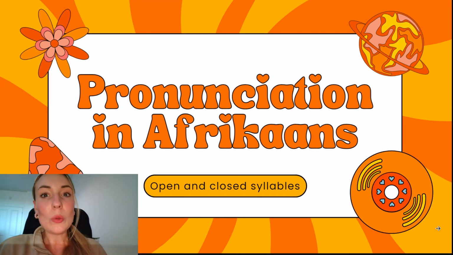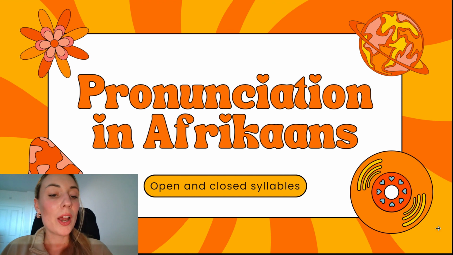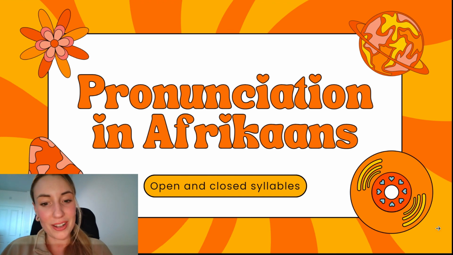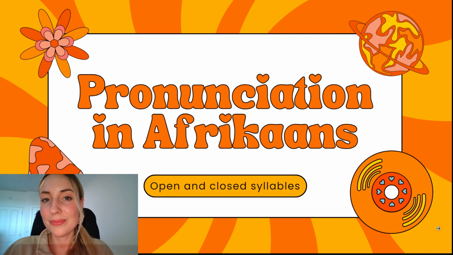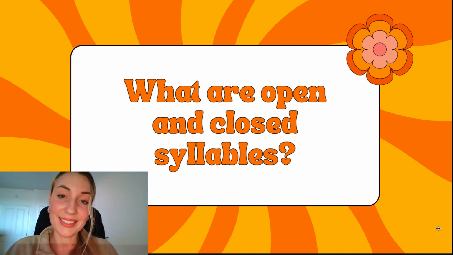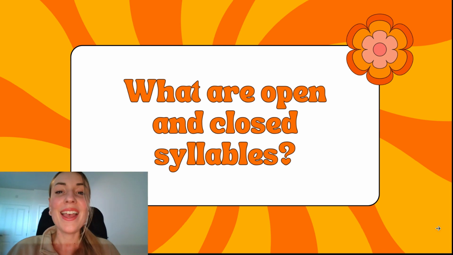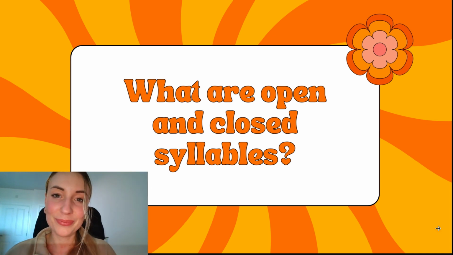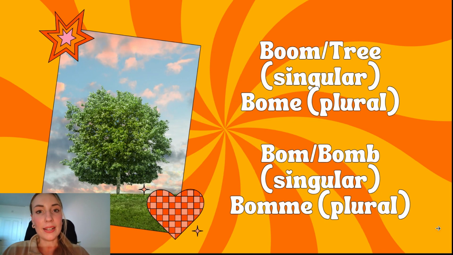So getting into today's video, pronunciation in Afrikaans, open and closed syllables. If you're asking, what are open and closed syllables? Don't worry, that's exactly what we'll be covering in this video. The easiest way for me to explain this is to go through a quick example.